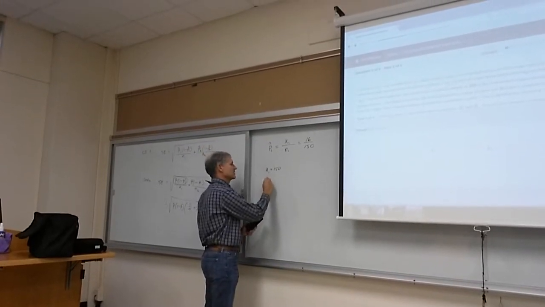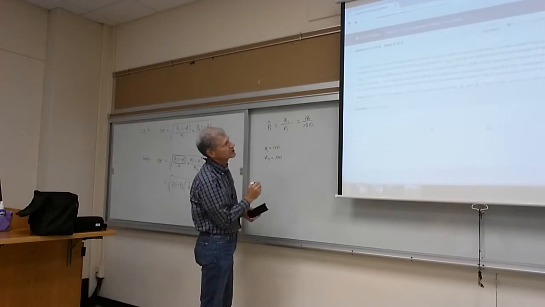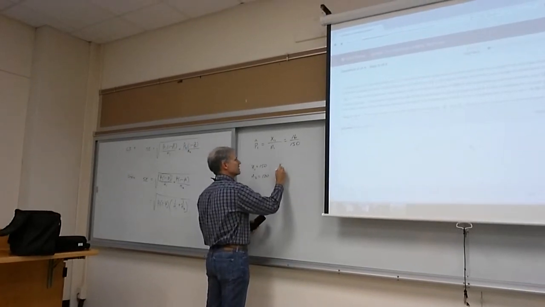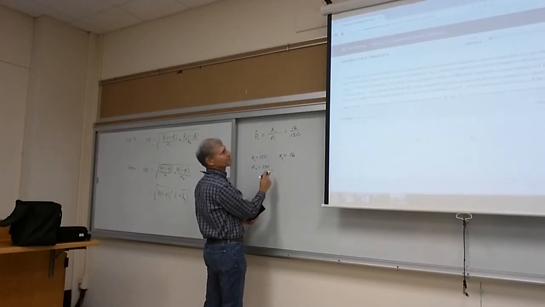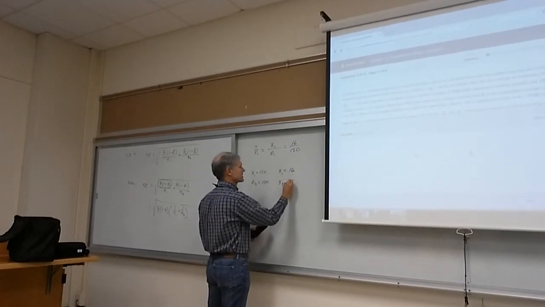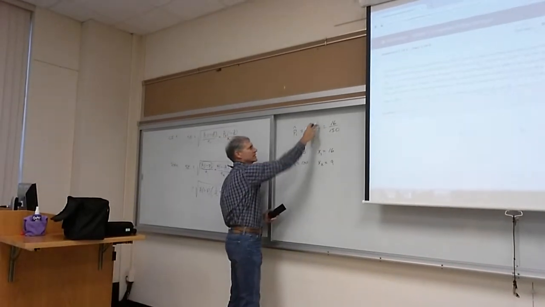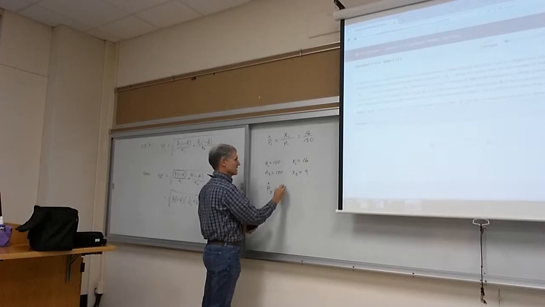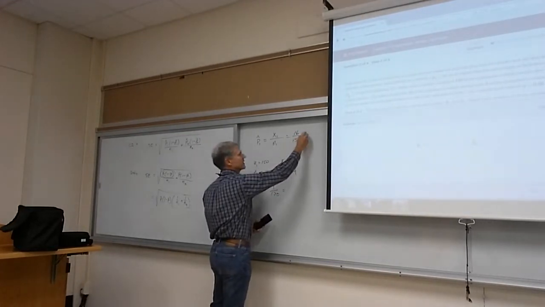Oh, that's N2, 120. And then the next two numbers are the X's. So 16 is the successes for the salesman's, and 9 is the number of successes for the competitor. So then you can get these easy enough. P2 hat is 9 over 120. And we're supposed to round those to 3 decimal places.